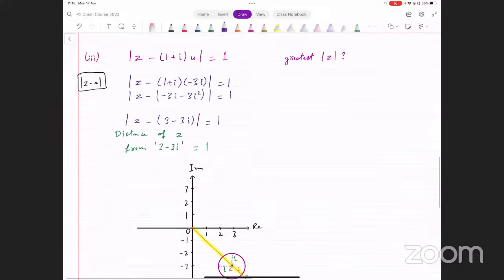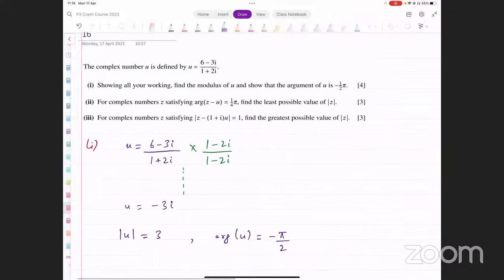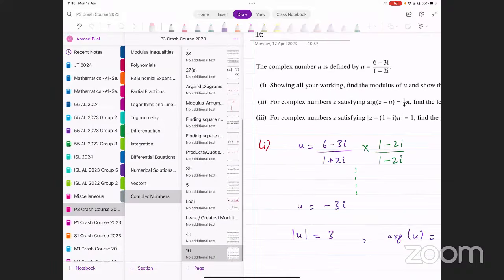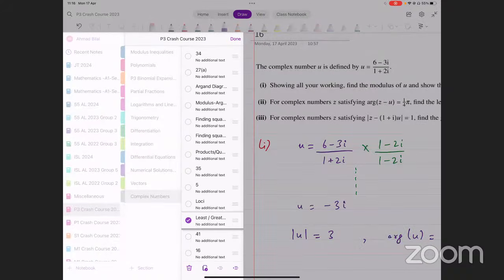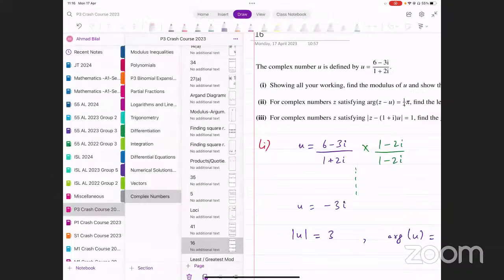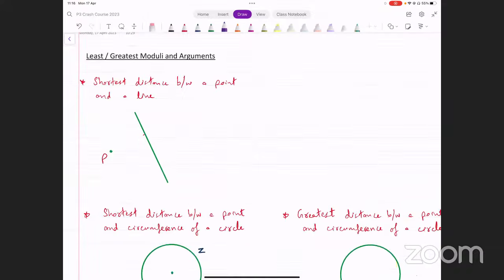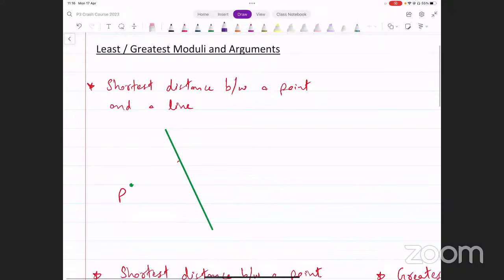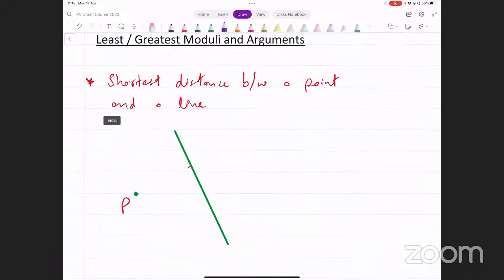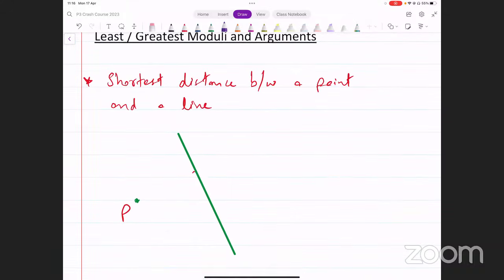Now, before we end, let me summarize some general rules that you would find helpful in later questions. There are some things that you need to know about when you're looking for least or greatest possible values for modulus and arguments. We've done these already in the examples, but let me summarize.